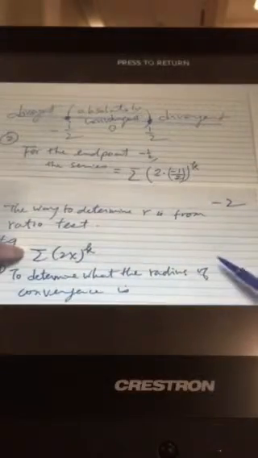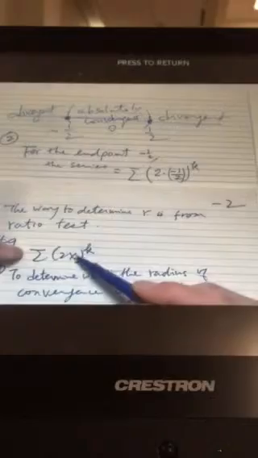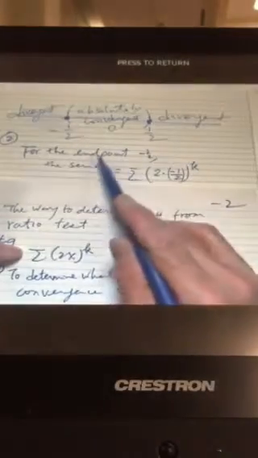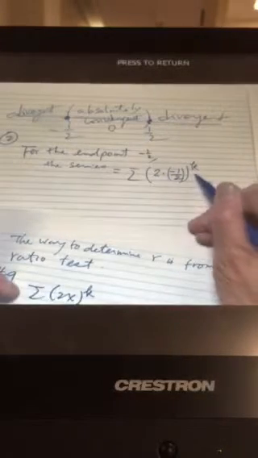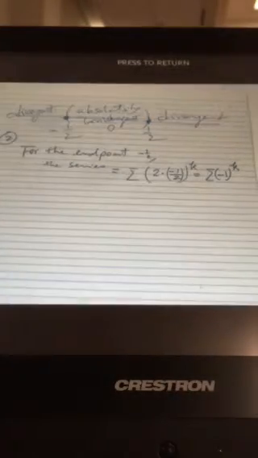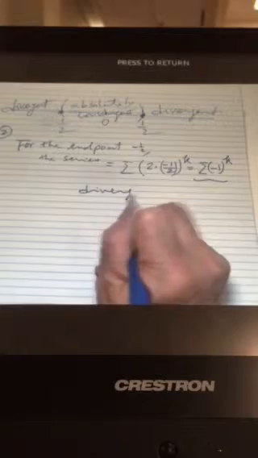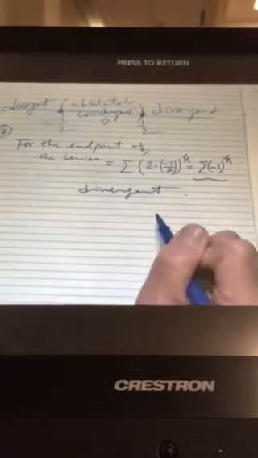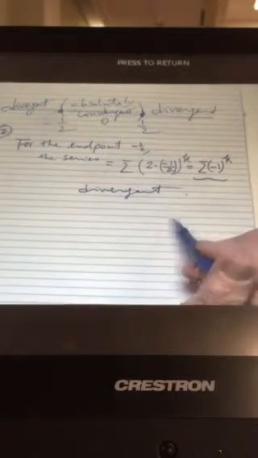So 2 and 2 cancel, and it's the summation of negative 1 to the k. This series is divergent.